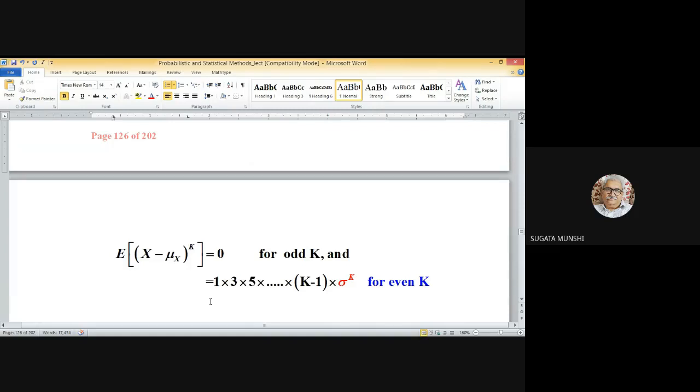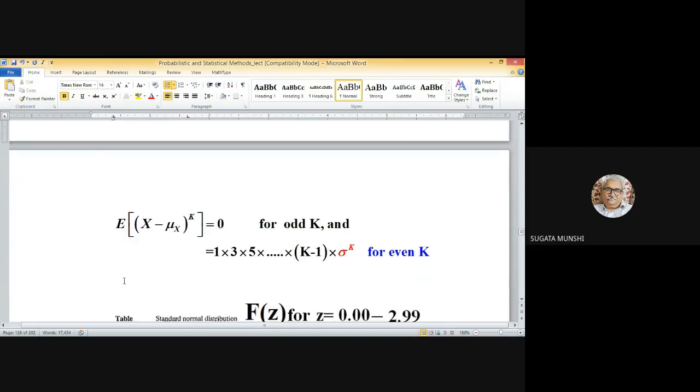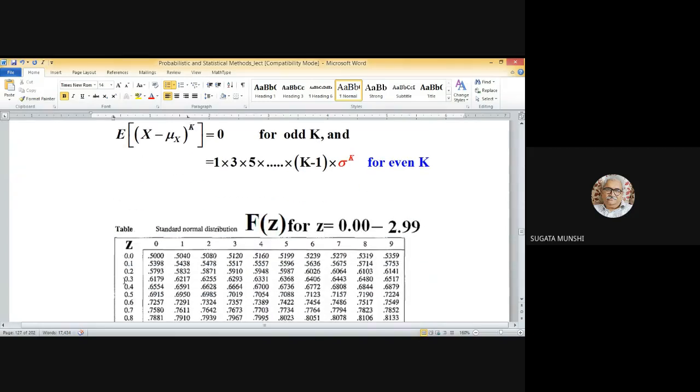So I pointed out the motivation for considering the standard normal random variable, so as to prepare a table. I'll just show you one possible table. This is for capital F z. And see here, it extends from z equal to 0 to 2.99.